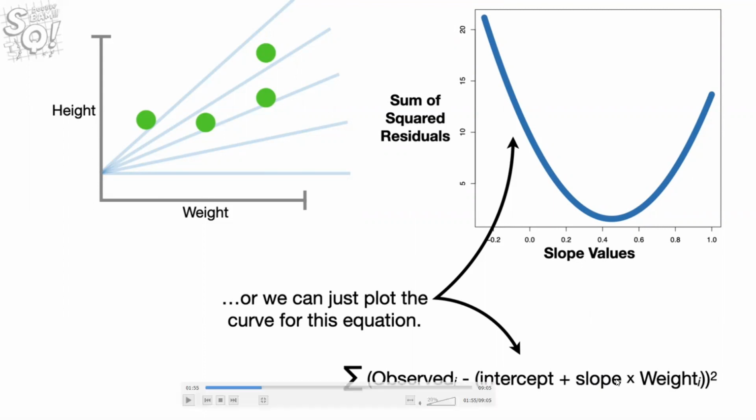You know your weight, and from whatever is inside this bracket, you get your predictions, and you calculate the difference between your observed values and predictions, and you square it over all points, and then you just plot out this line.